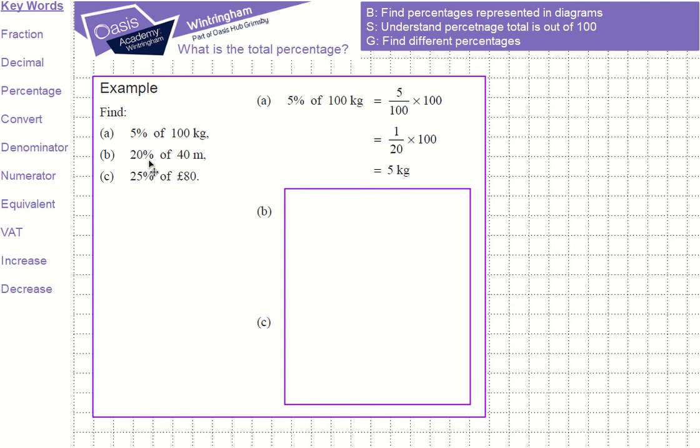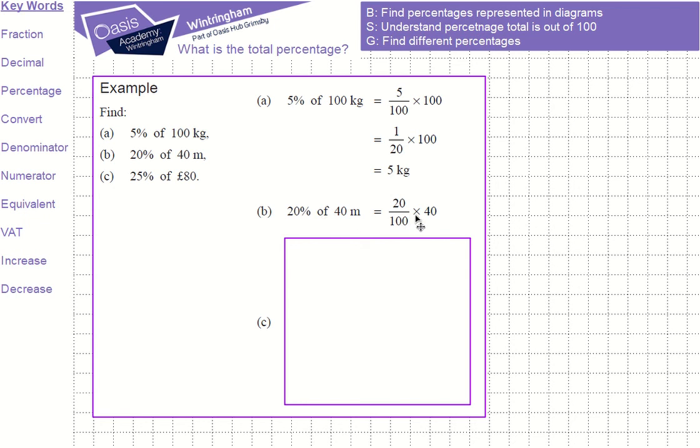Part B, 20% of 40 meters. So I'm going to start by writing the question down, 20% of 40 meters. And then, similar to the last question, we can change 20% into 20 over 100.